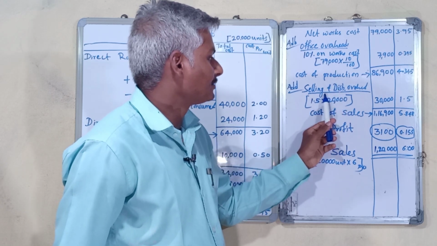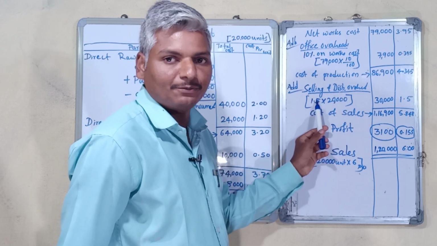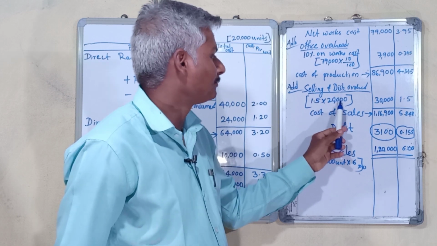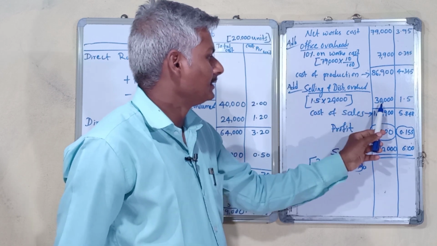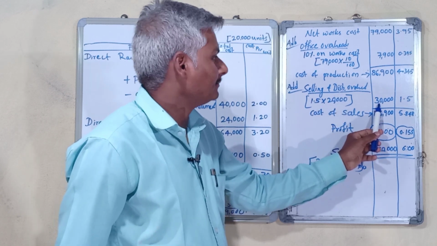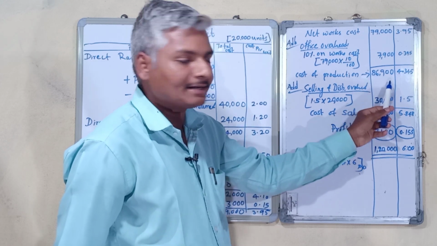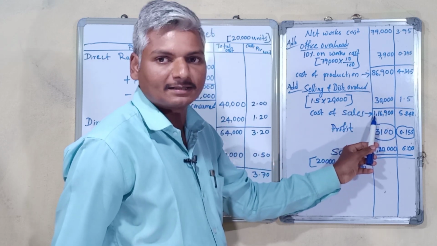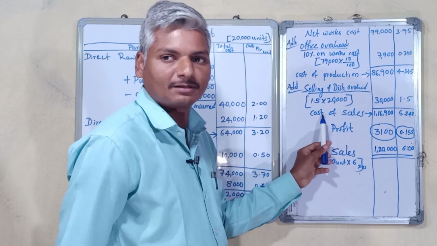Then selling and distribution is 1.5 rupees per unit. For 20,000 units, that is 30,000. So 86,900 plus 30,000 is 1,16,900, that is cost of sales.